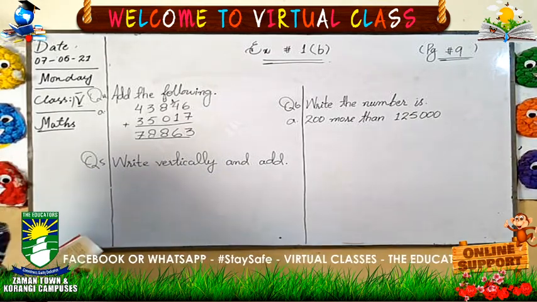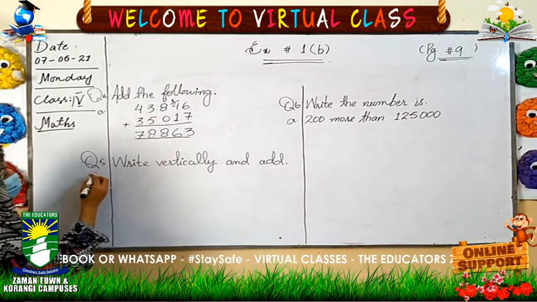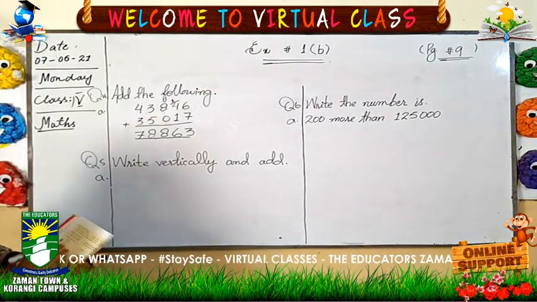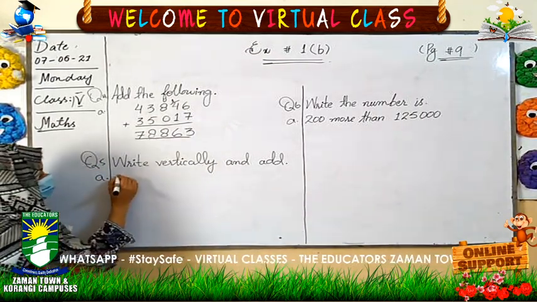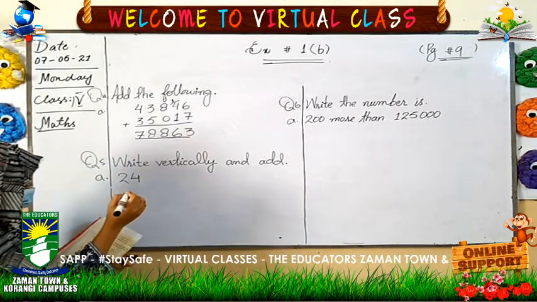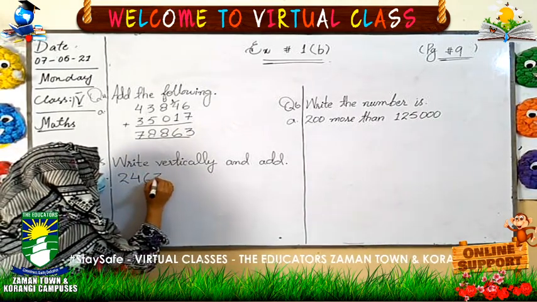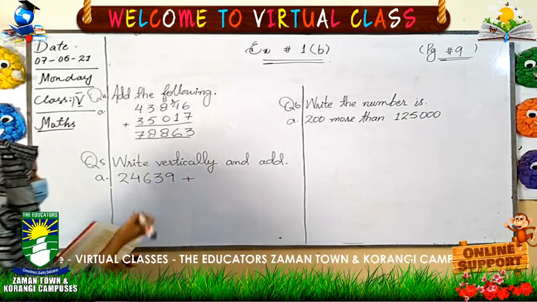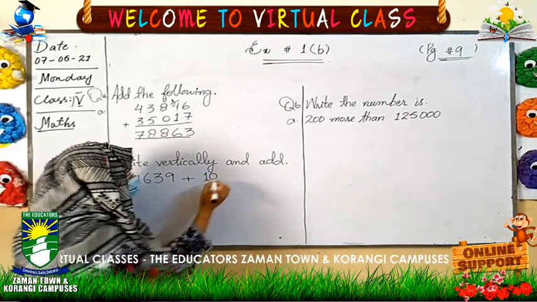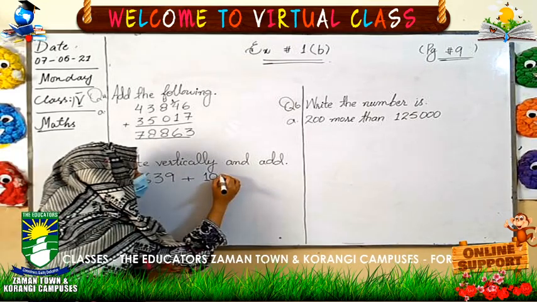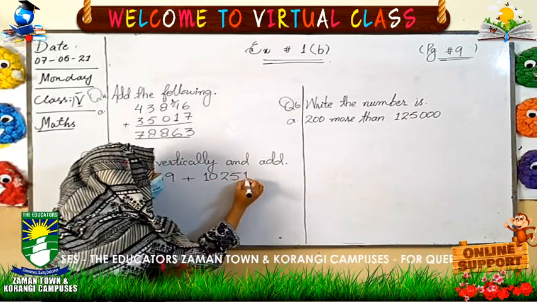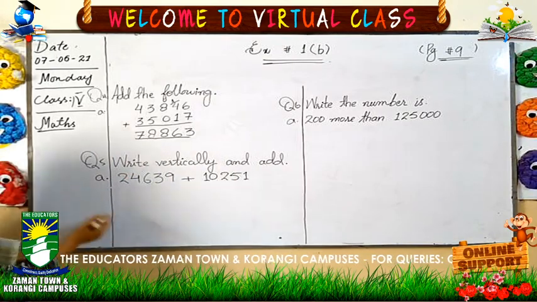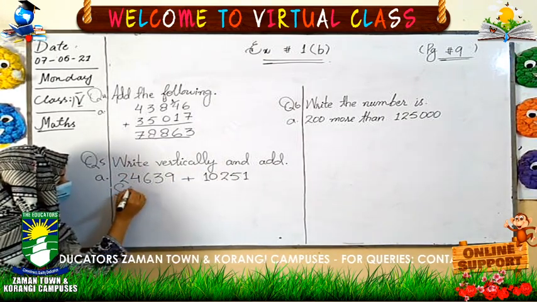Part A of question number 5 is 2, 4, 6, 3, 9 plus 8, 1, 0, 2, 5, 1. Now solve it like this.